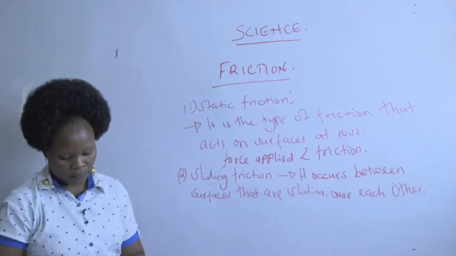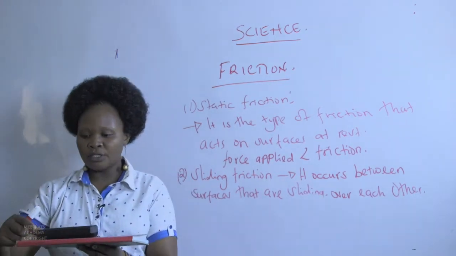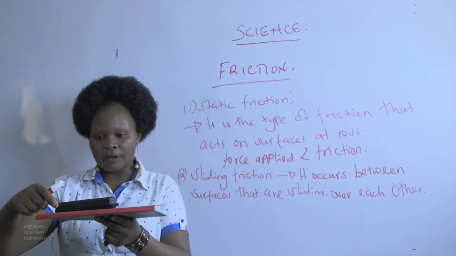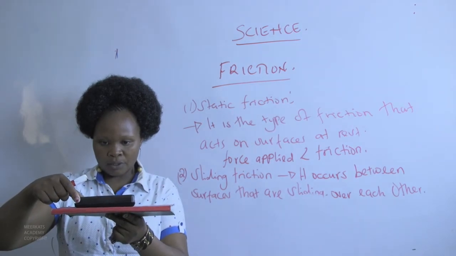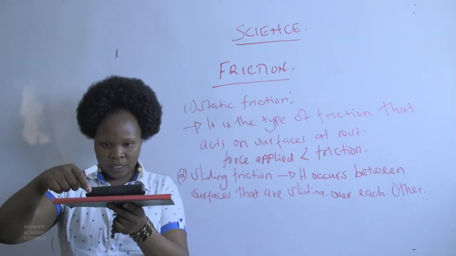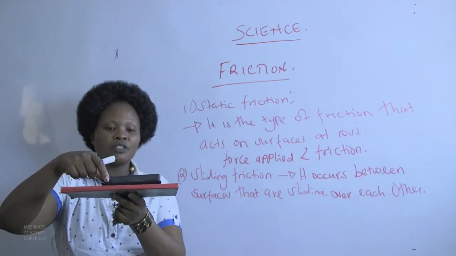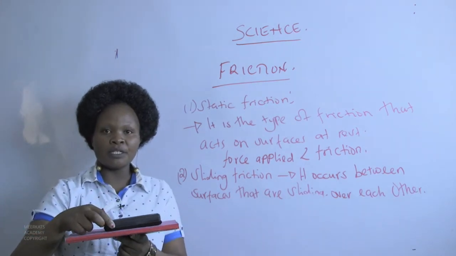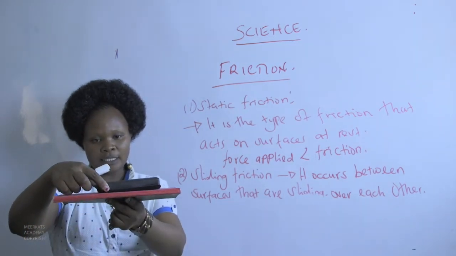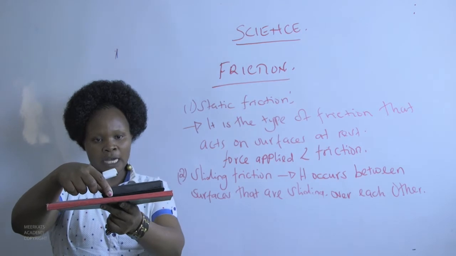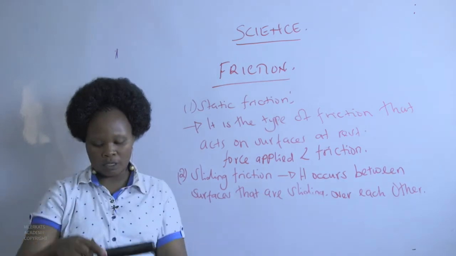Now, for example, we look at our object again and we try to apply a force that is just enough to make our block slide on the book. Now, the fact that the box is sliding does not mean that there is no friction between the surfaces. What it means is that the friction between the surfaces is actually less than the applied force, and the resultant net force will result in the movement of the object.